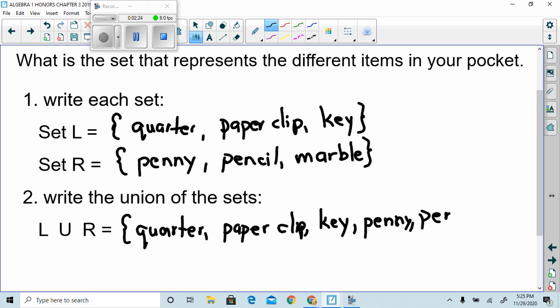And there you have your union set of L and R. Don't forget to include the end with your brace.